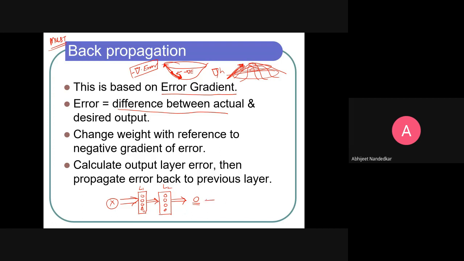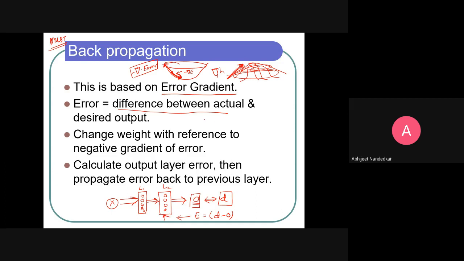Here we are going to compare this with our desired response D. Whenever I have a desired response, that means it is a case of supervised learning. So I will find D minus O as my error signal, and if there is some error, then I will use that to change weights here.